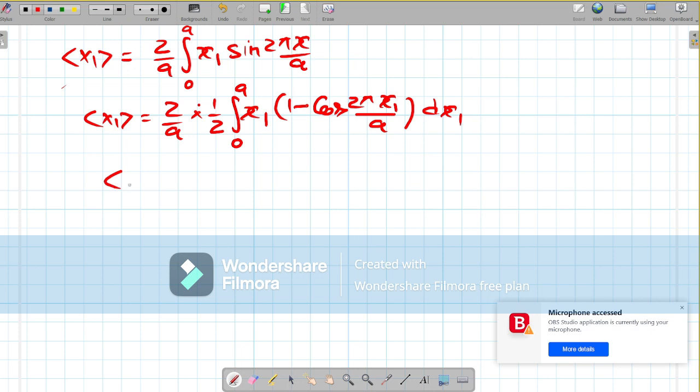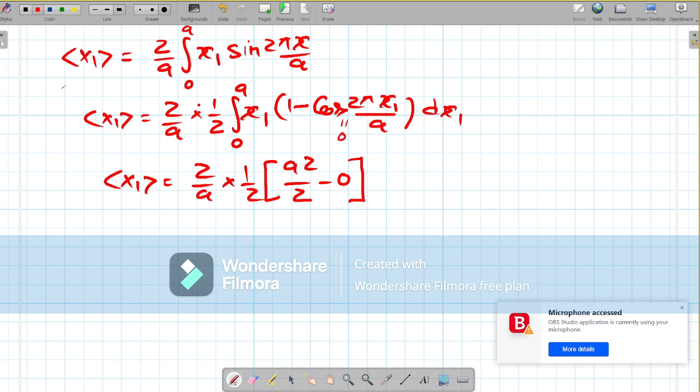So x1 equals 2 by a into half into a square by 2, minus 0, because if you calculate the next order terms, then cos will become sine, and if you put a in x1, then sine 2 pi will become 0 and sine 0 will become 0, so this term will become 0.